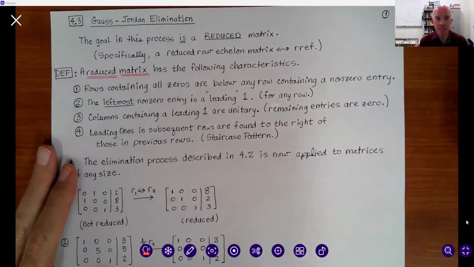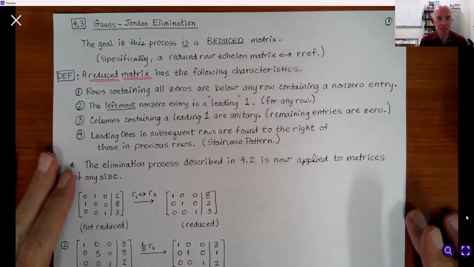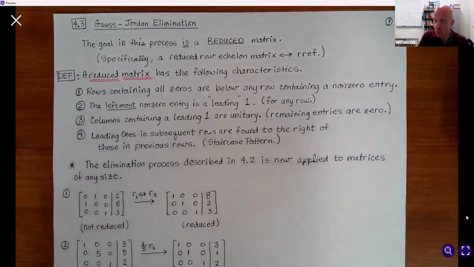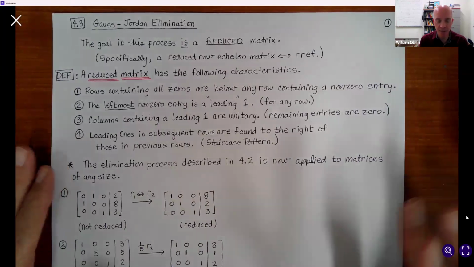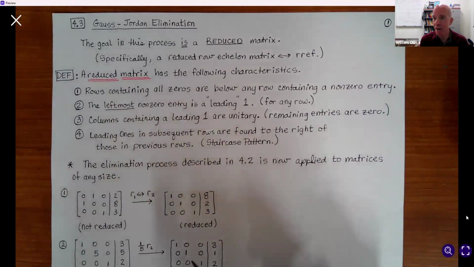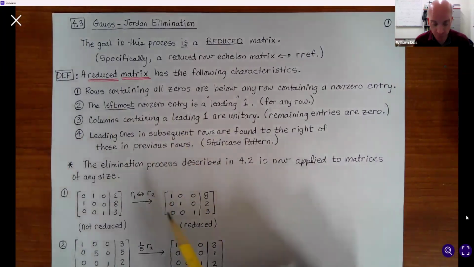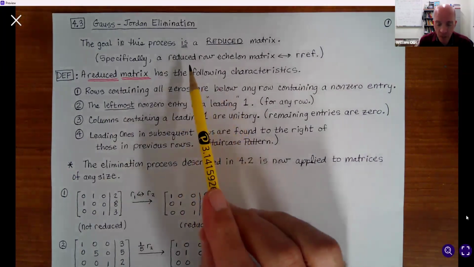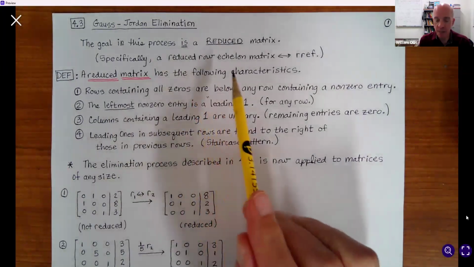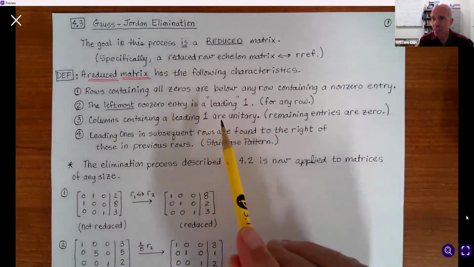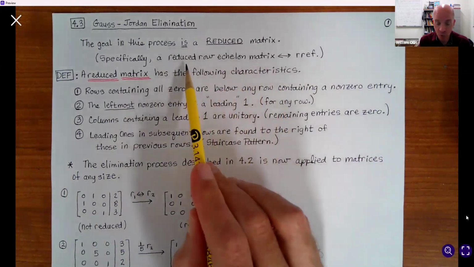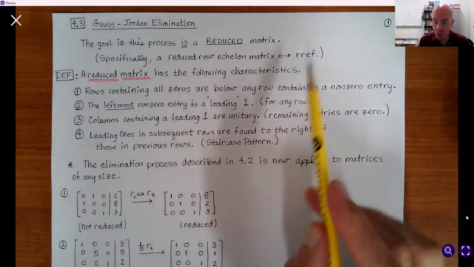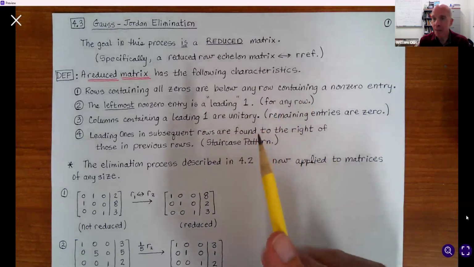Now, this is what you have in your lecture notes, and I wanted to take the opportunity just to go through the basic definition. And I think this actually characterizes the reduced matrix in a way that's very straightforward. When you use the concept of reduced matrix, you will always see the following description: reduced row echelon matrix, or RREF.